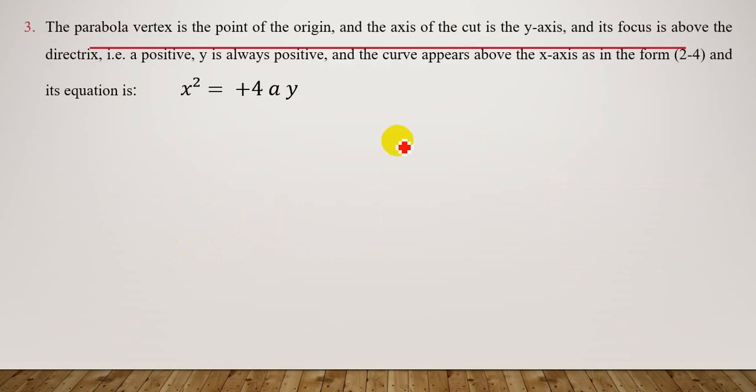The third one, the cutting y axis. So I'm going here to cut the axis of y. So I change the axis. So our original point, our vertex point is the origin, okay, and the cutting is y, and the focus above. Here above means the directrix, so positive y.